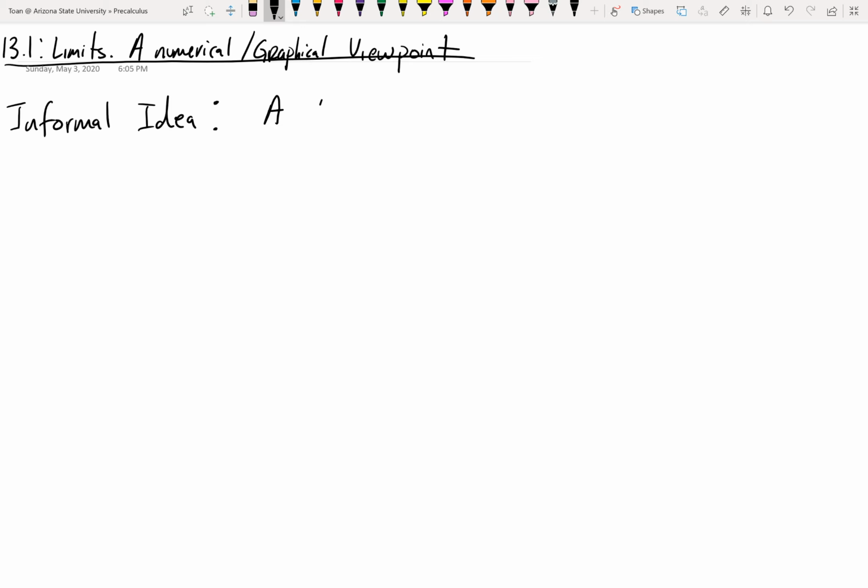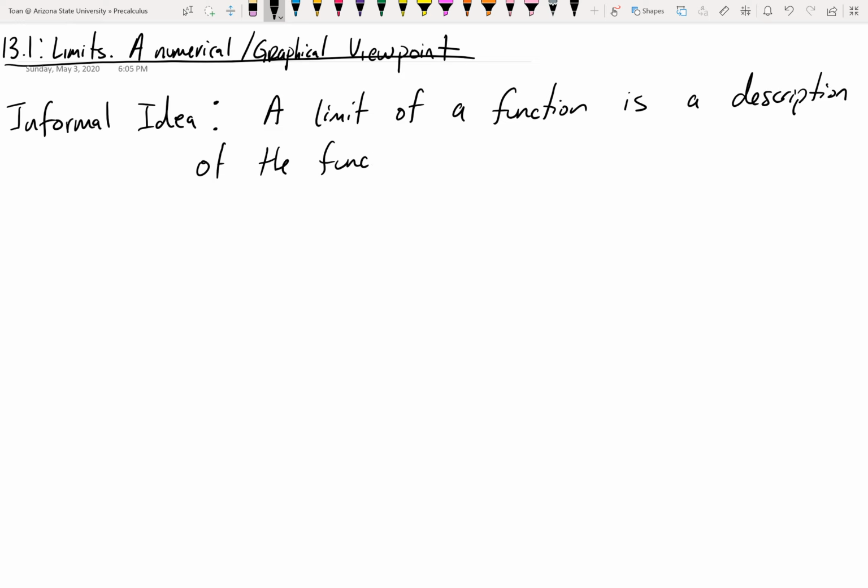So a limit of a function is a description of the function's behavior at a certain x value.